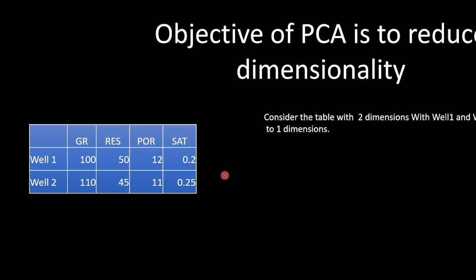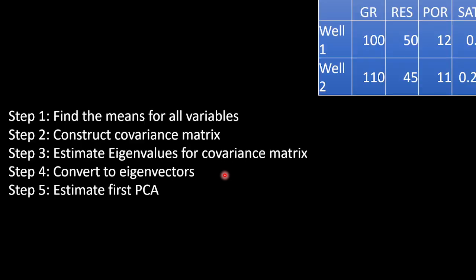How are we going to start working on this? There are five steps. The first step is to find the means of all variables, so the arithmetic mean of these variables has to be defined. The second is to construct the covariance matrix with the help of the mean.